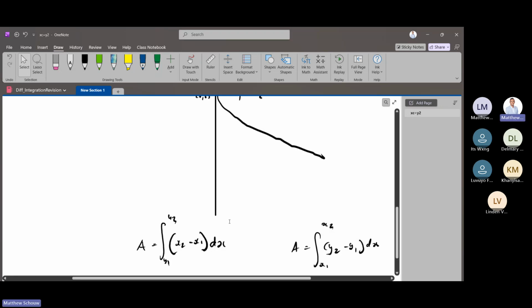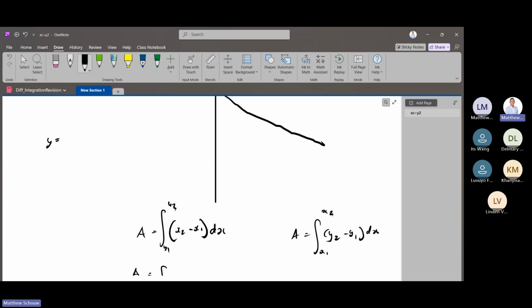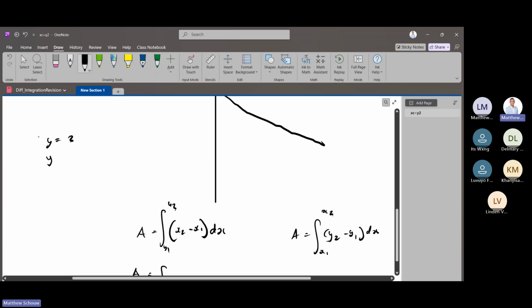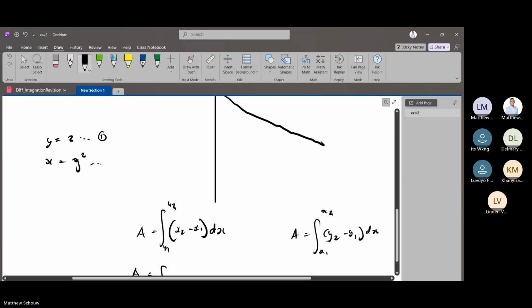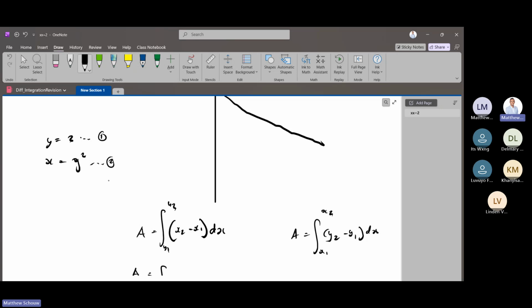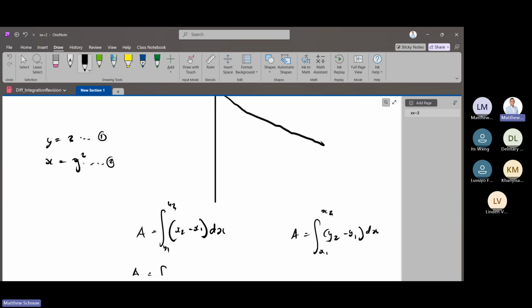The points of intersection, guys, again, it's always quite simple. You're going to make the two graphs equal to each other. I hope you guys can recall that, right? So in this case, these are our two graphs, our two functions. And then we just make them equal to each other. But this is fairly easy because one's already in terms of the other one. So we substitute 1 into 2.